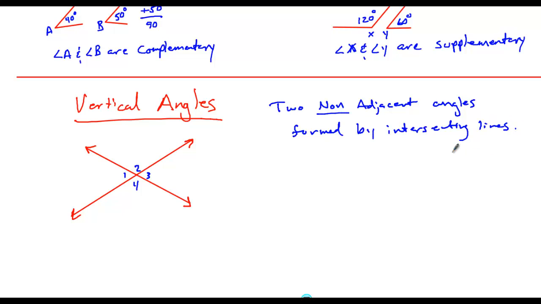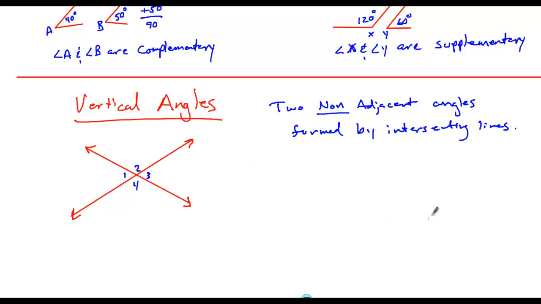Now, I know my handwriting's not great here, but you should already have a flashcard that says exactly this. So if this is the first time you're seeing or hearing this, you're definitely behind with what we're doing in class. Okay, vertical angles are 2 non-adjacent angles formed by intersecting lines.